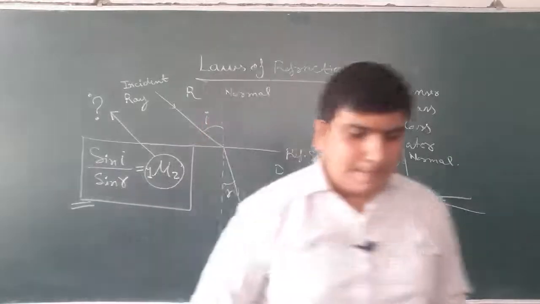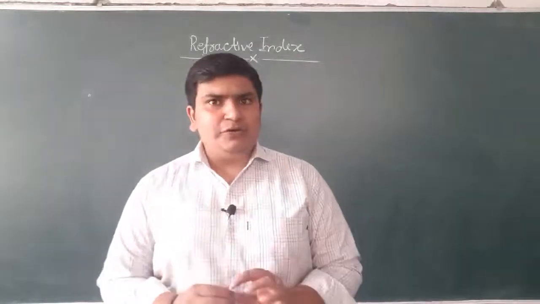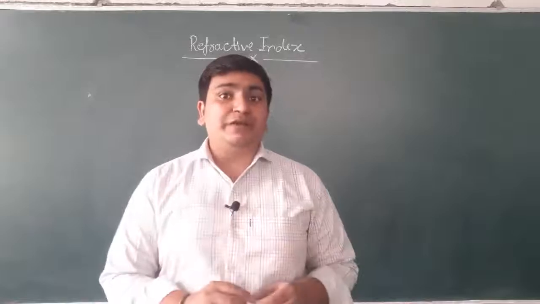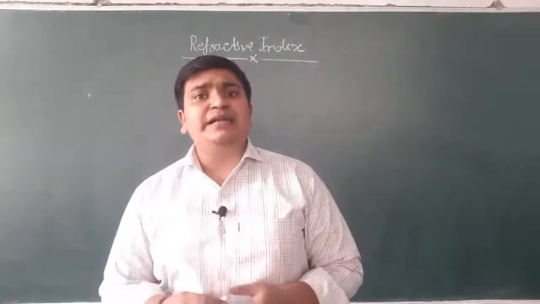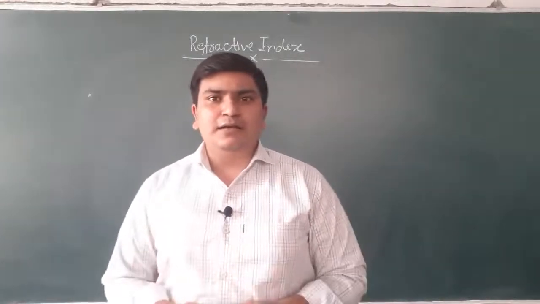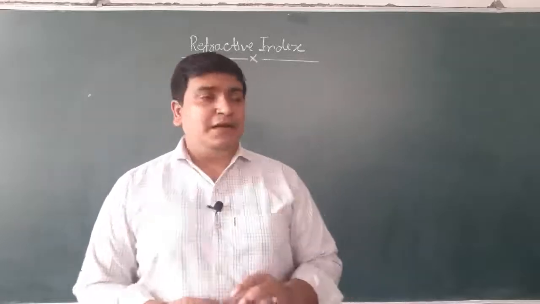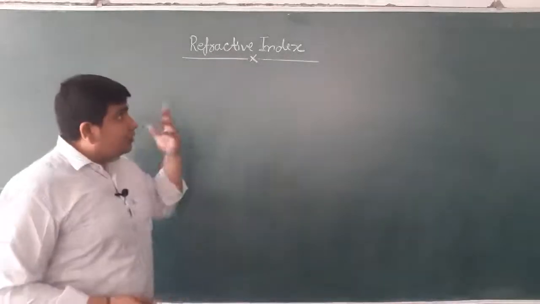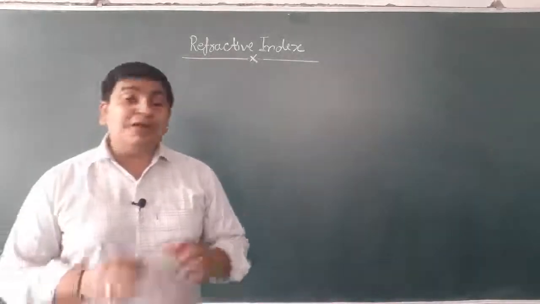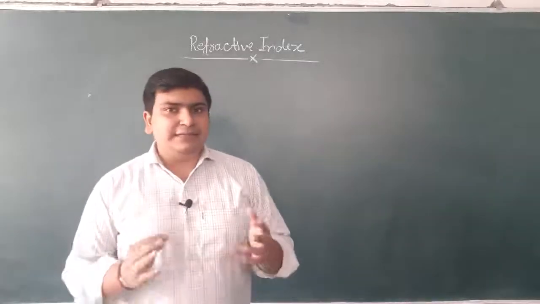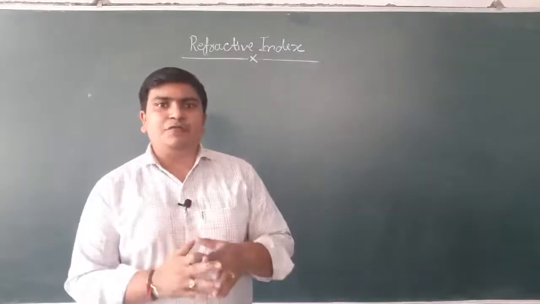So students, now we are going to discuss the physical significance of refractive index and how the refractive index plays a vital role in the refraction phenomenon. As far as refractive index is concerned, it is nothing but a ratio of velocities.